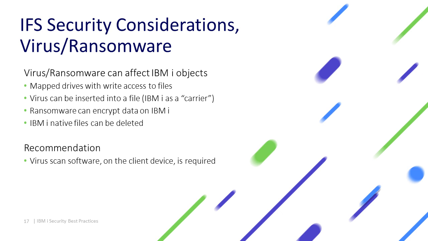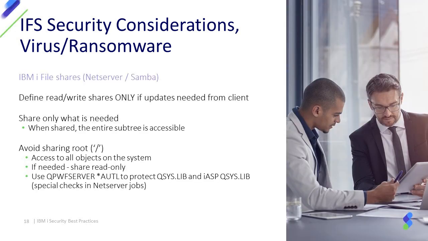data encrypted. And of course, the back end of ransomware is they're holding you hostage for money. They claim that they'll never give you the decryption capabilities unless you pay them. Right? So that's what they're after, is your money. On IBM i, there's a couple of things you can do.